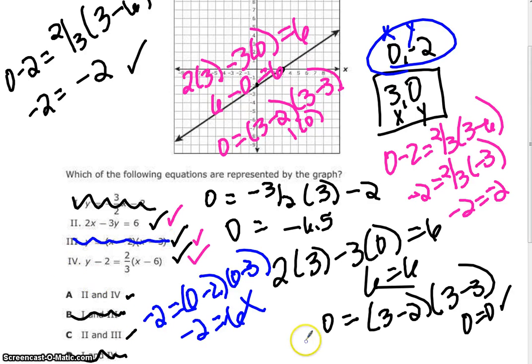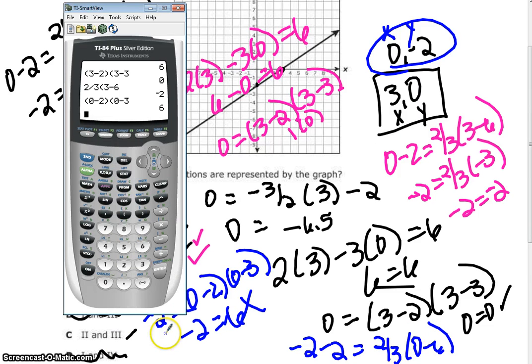Go ahead and check 4 just in case. It's going to be -2 minus 2 is equal to 2/3 times 0 minus 6. -2 minus 2 on your calculator is -4.